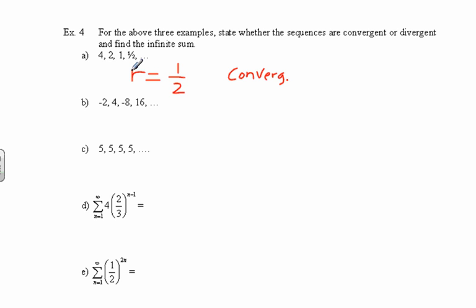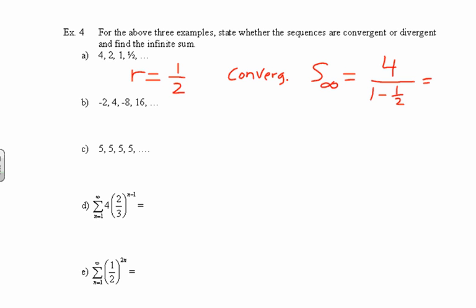Therefore, I can use my new formula, S equals A over 1 minus R, to find my infinite sum. Let's put the sum to infinity right there. So S of infinity will be the A value over 1 minus the R value. Could you work that out for me?